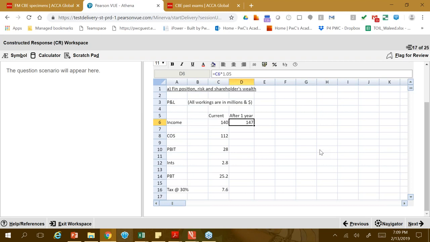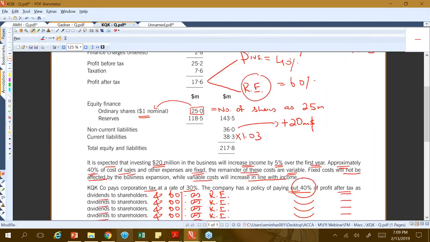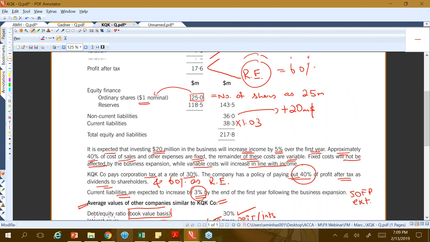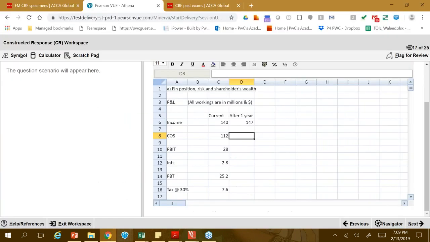Now you have to be a little careful with the cost of sales again. Let's read that. It said that 40% of cost of sales are fixed, the remainder are variable, and the variable bits will go up. So I'll take the cost of sales of 112, and I will say that 60% of these are variable, which will go in line with the sales at 5%.